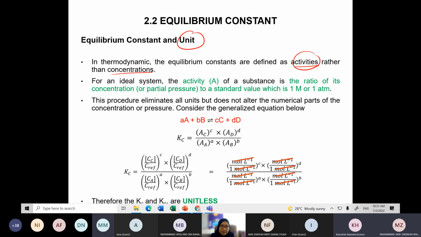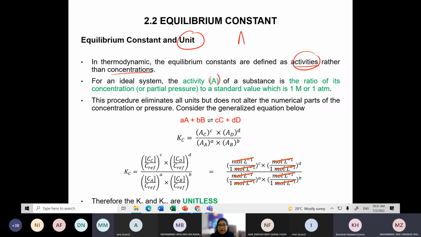So for an ideal system, what is activity? How do we measure activity? Activity, represented as capital A of a substance, is the ratio of its concentration, or alternatively its partial pressure, to a standard value which is 1 molar or 1 atm.